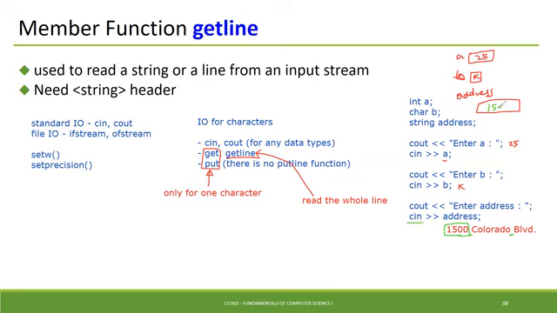Is it clear? So you can use cin for any data type. However, you cannot read the whole line. If there is some space, then the computer will take only the first word. So this is a problem.